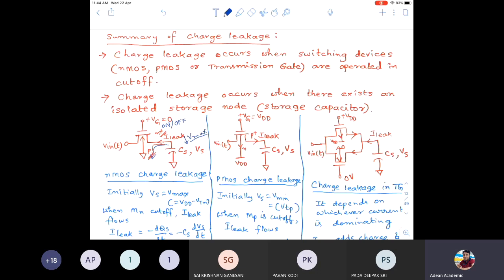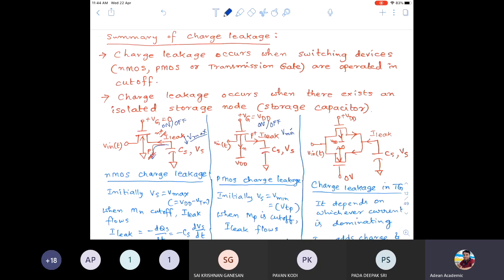Whereas in the case of PMOS, initially when this transistor is on, the voltage stored on the capacitor is V minimum. When this transistor is off, it is isolated and the leakage current flows. In this case, the leakage current is in the opposite direction because this is at a higher potential than this one. VDD is greater than V minimum.